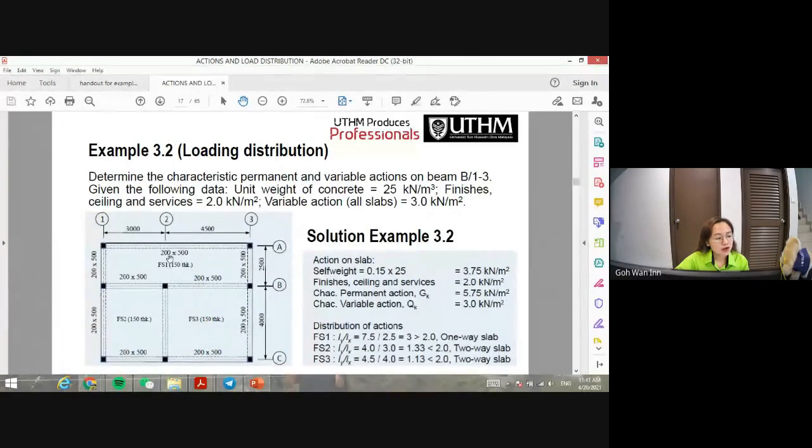For span 1, 2, you will get the load from this slab FS1 and this FS2. For span 2, 3, you will get the load from FS1 and FS3. It's 2 different loadings. Because at this section, you will not get the load from FS3. For these sections, you will not get the load from FS2.